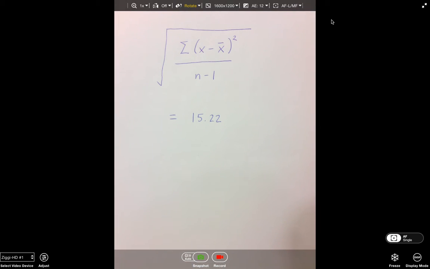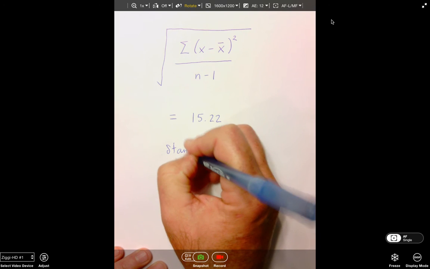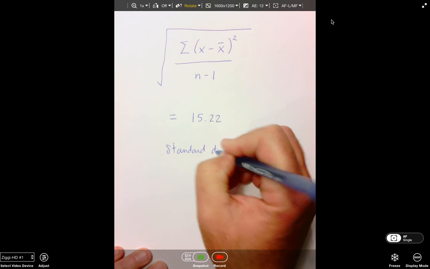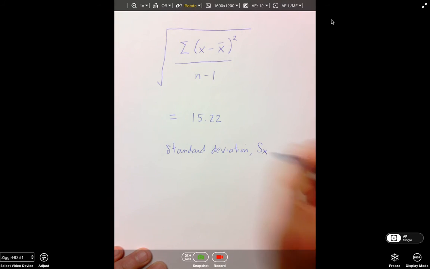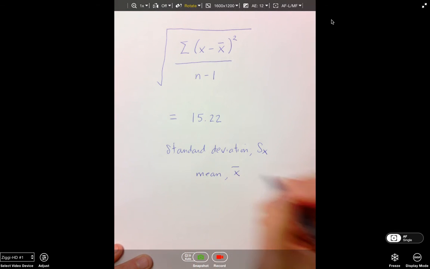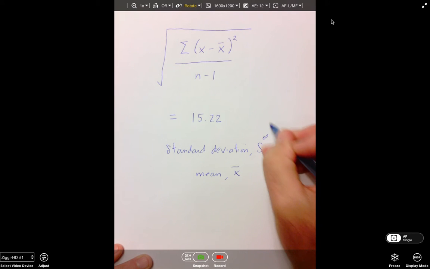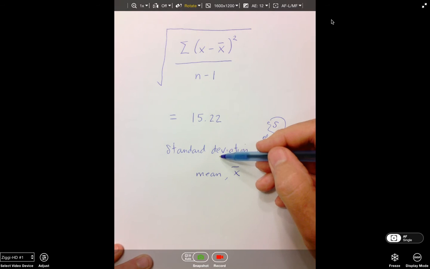Well guys, this is probably the most important measure of spread that I will teach you, and this is called the standard deviation. Now guys, just like from here on out, when we see x bar, this is a notation that goes with the mean. When you see s with a sub x there, and guys, sometimes, depending on the textbook, they just use s. This is the standard deviation.